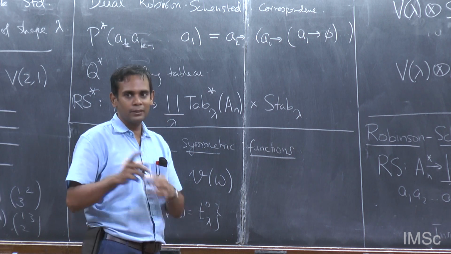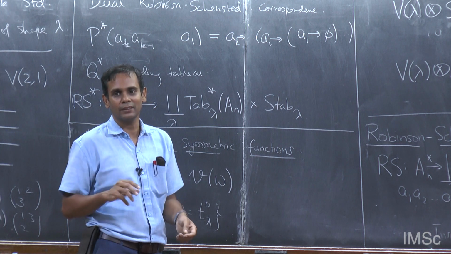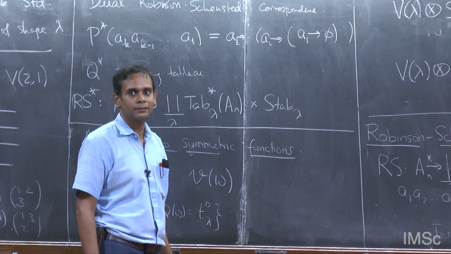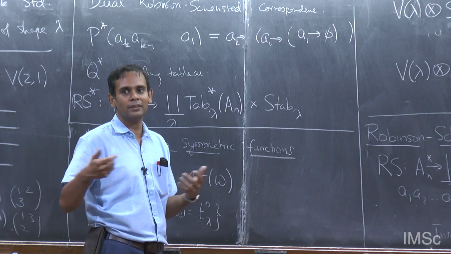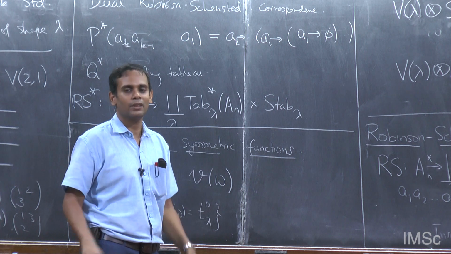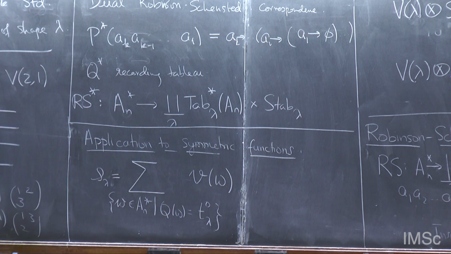So remember, in the dual RSK correspondence, you read the entries in a somewhat funny order and so on. But then you can create two words from it and look at it that way as well. So that's that. Okay, so I'll stop.